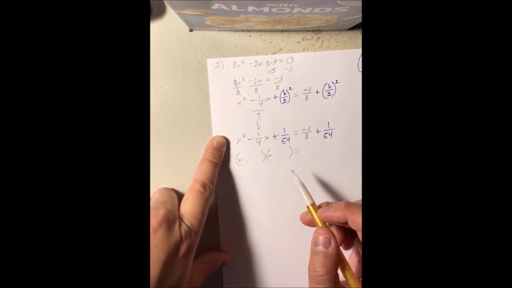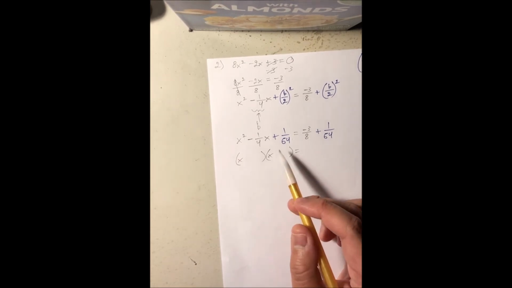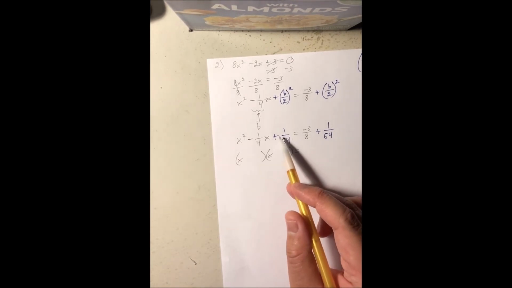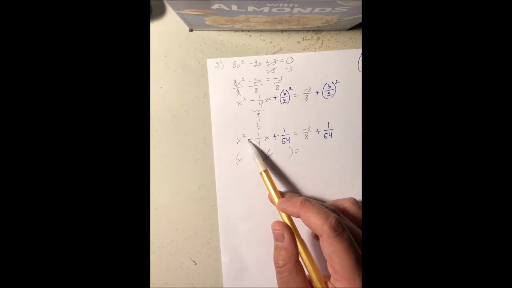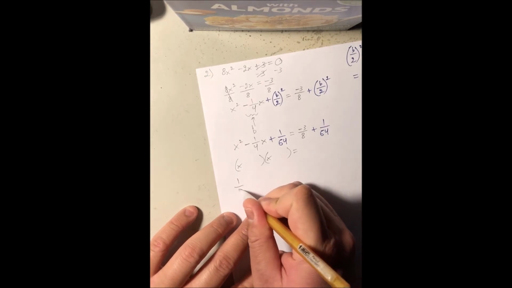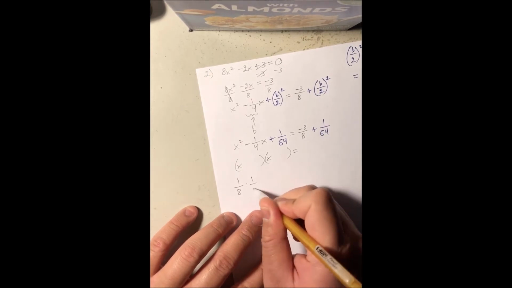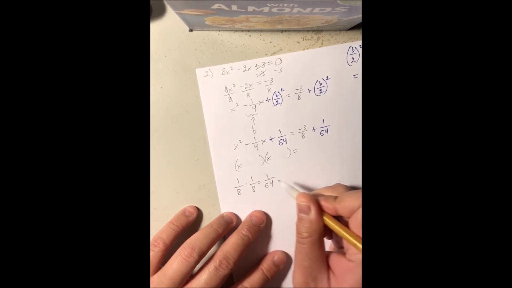Looking at the third term, I want to come up with two real numbers that multiply together to give me back positive 1 over 64, but also added together to give me back negative 1 over 4. Well, what if I try 1 over 8 times 1 over 8? Hey, that's positive 1 over 64.